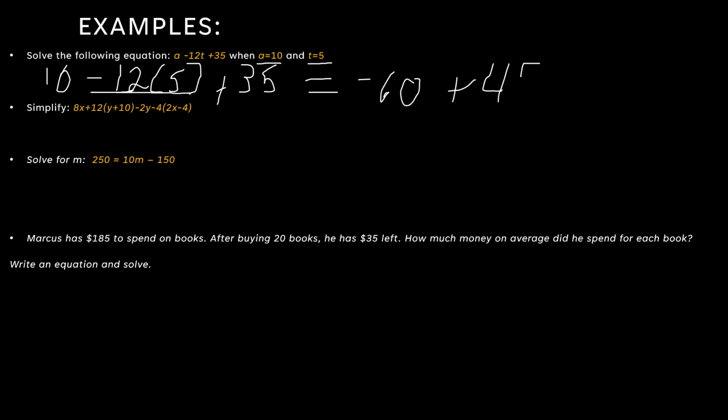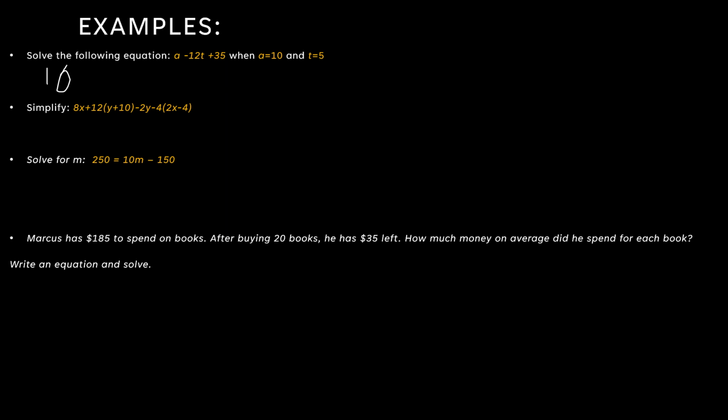So we have negative 60 plus 45, which is going to equal negative 15. So that is the first answer to our series of questions. So we're going to go ahead and erase all of this so that we still have room to work. And we're going to write our answer is negative 15.